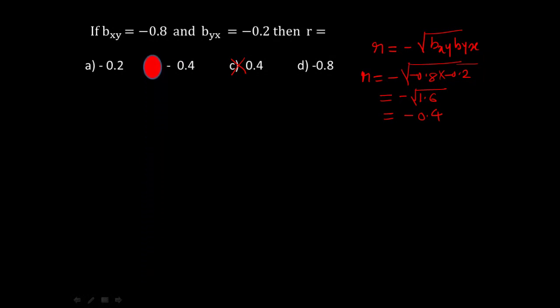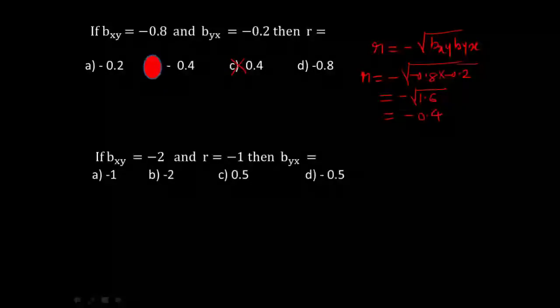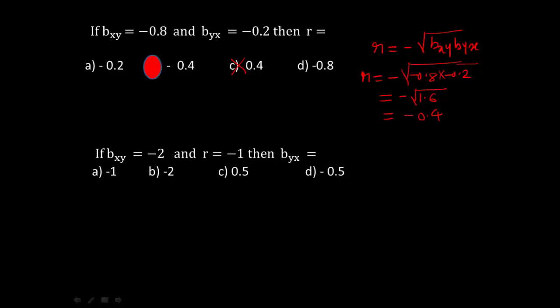Okay, now let's have the next question. If bxy is equal to minus 2 and r is equal to minus 1, then byx is equal to what? See here, the value of r and one of the regression coefficients is given, and you have to find the other one.